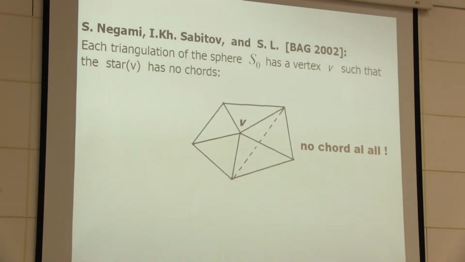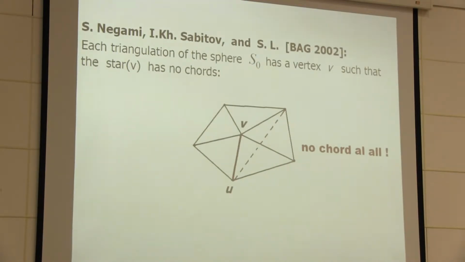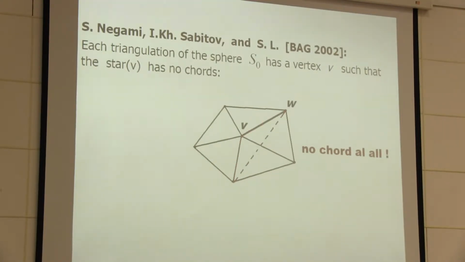If there were a chord like this, then we wouldn't be able to shrink the edge VU because it occurs in some non-facial cycle, you see, or we wouldn't be able to shrink the edge VW for the same reason.